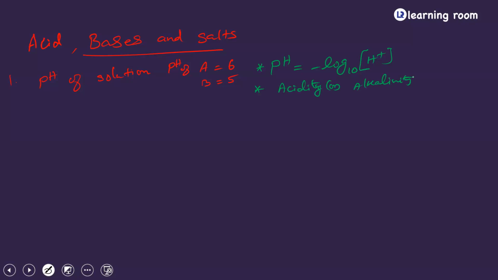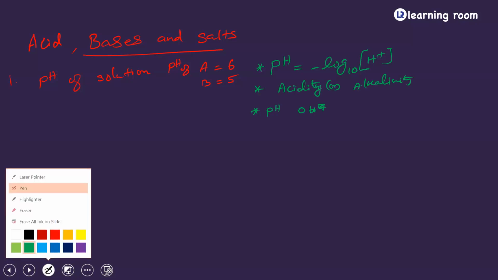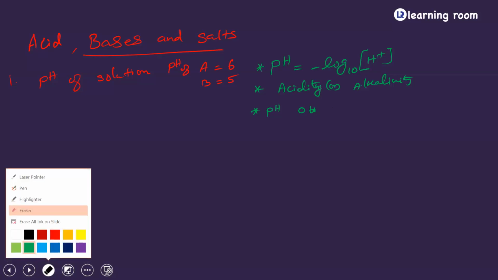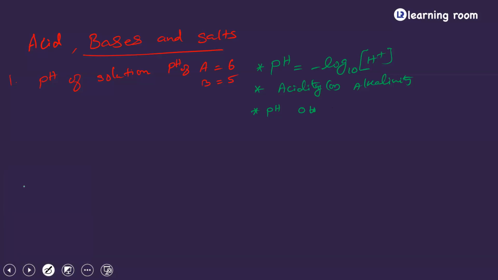If the pH of a solution is from 0 to less than 7, it is acidic. 7 to 14, it is basic.